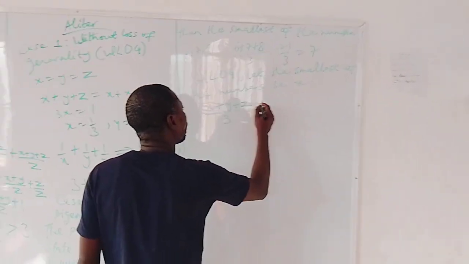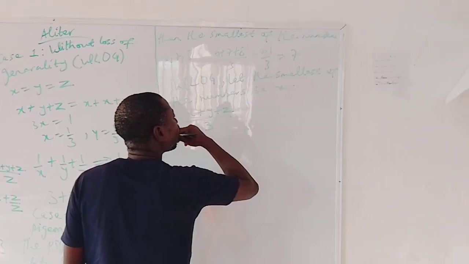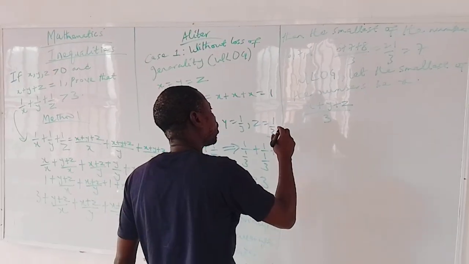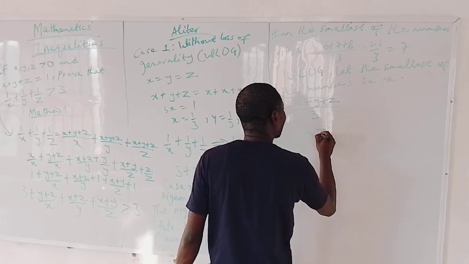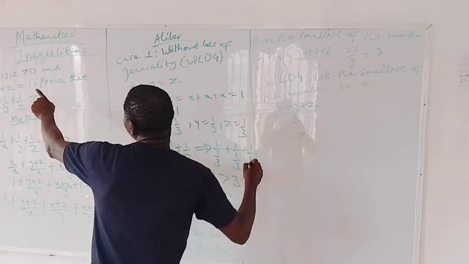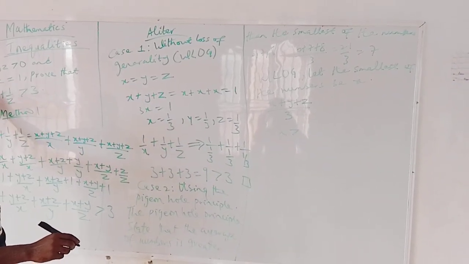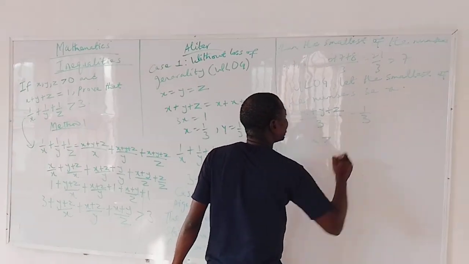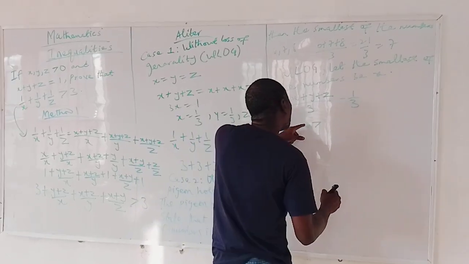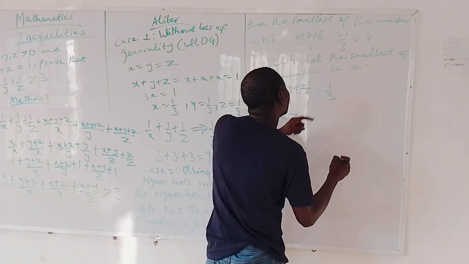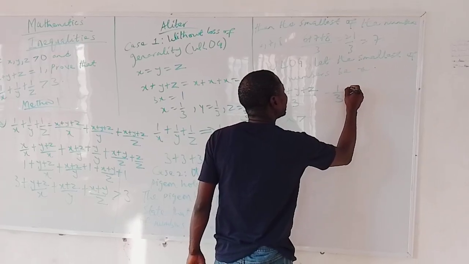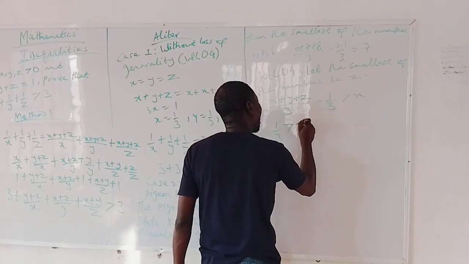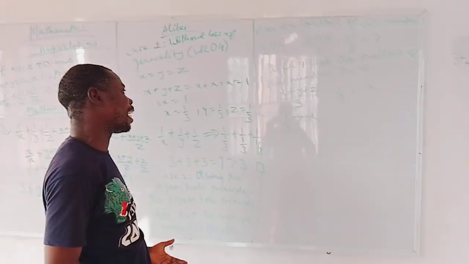We assume that the smallest of the numbers is x. That means the average of the 3 numbers, where the sum of the 3 numbers is already 1, is 1 over 3. So that means the average, which is 1 over 3, is greater than the smallest. So that implies that 1/3 is greater than x.